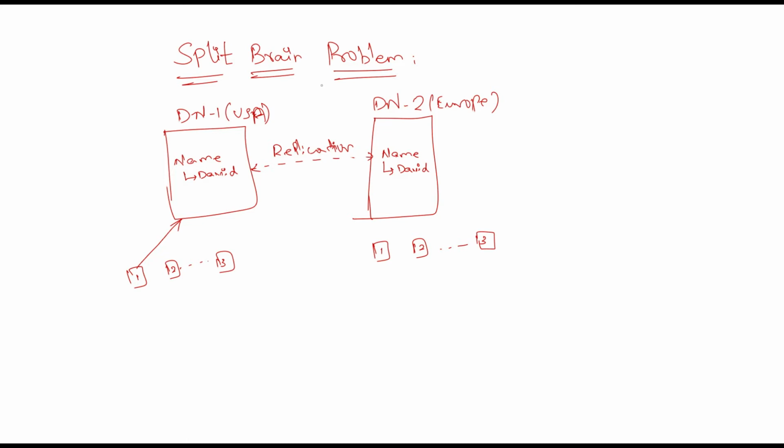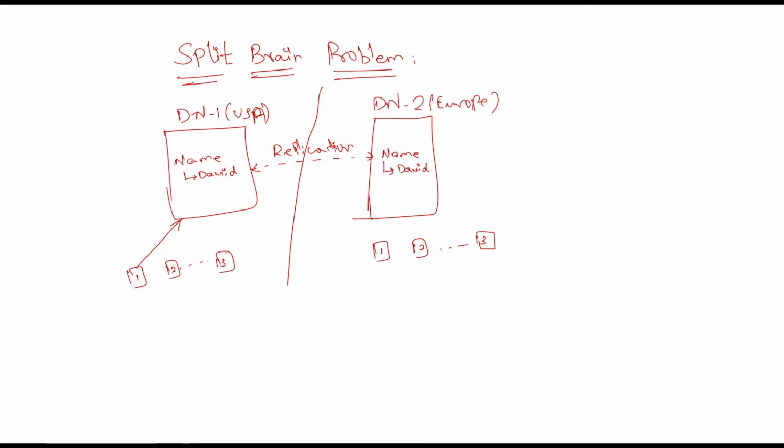If there is a network connection between the nodes, there is no problem. Now consider a network interruption. There is some problem in the network connection, so the two data nodes are not connected together, but the data nodes are still running individually. So users from the USA region can still contact this data node to create a record, or read some old data.